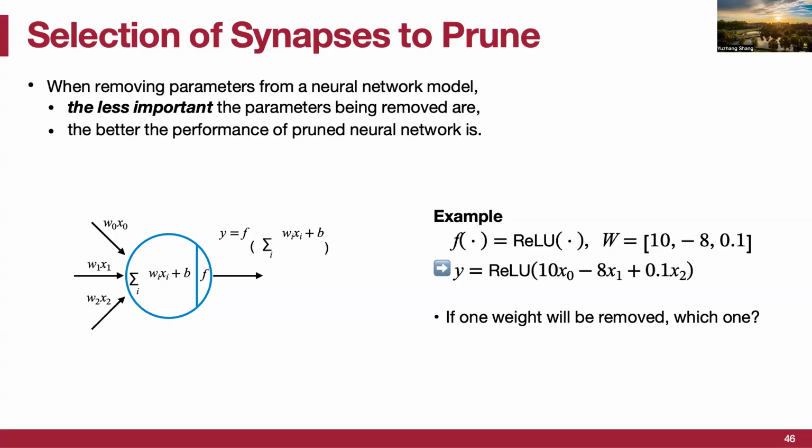And here we get the y. For any input x0, x1, x2, the output is y. So for this simplest neural network, if we want to prune just one weight, which one should we prune? You can guess.